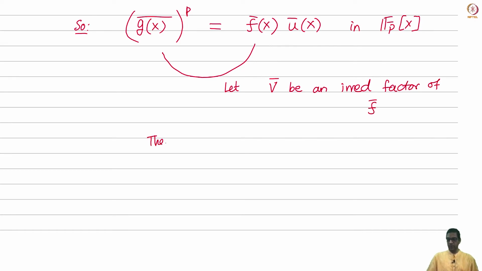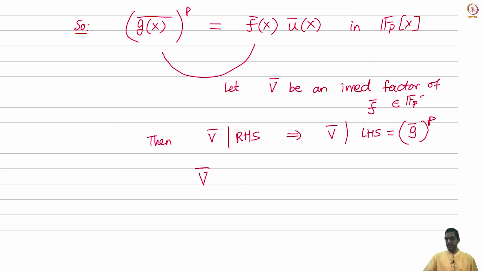Then what do we know? Therefore v bar divides the right hand side, therefore v bar divides the left hand side of this equation. This is just g bar whole power p. But v bar is irreducible, or prime, in that ring F_p[x] over the field F_p.